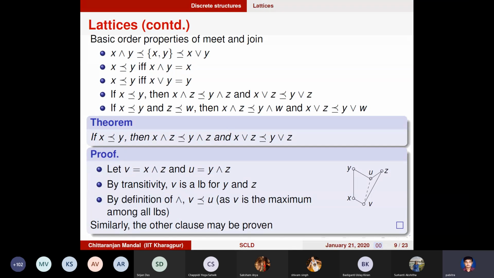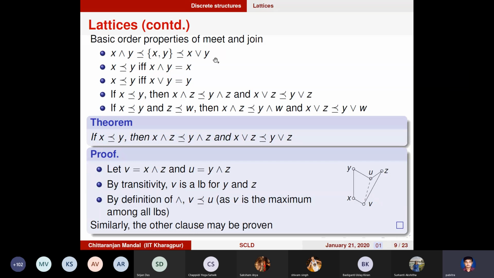Now let us look at some properties. First, let us look at the basic ordering properties of meet and join. So X meet Y is an element of the lattice. X join Y is also an element of the lattice. So are they comparable?